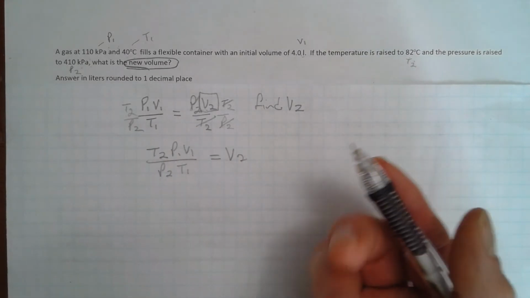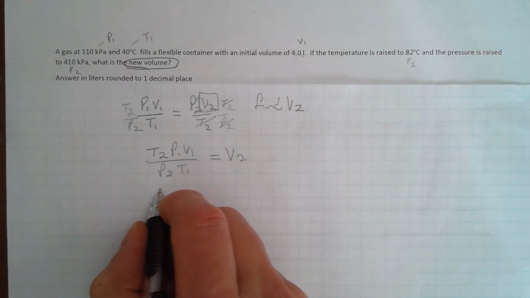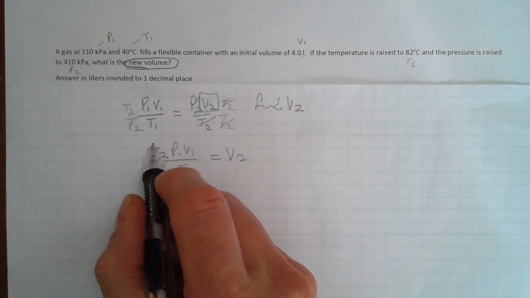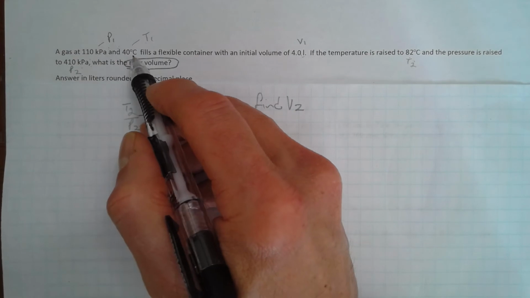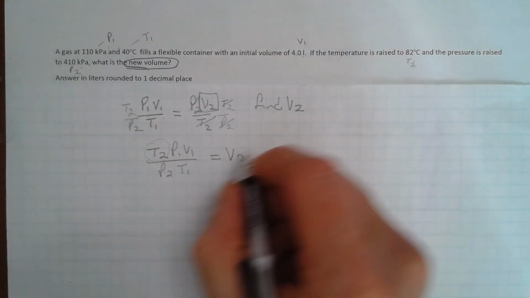All right, now we basically plug in those numbers and solve it out. Now we do have one little thing we've got to be careful of, the T's. These temperatures are in Celsius. This equation requires Kelvin.